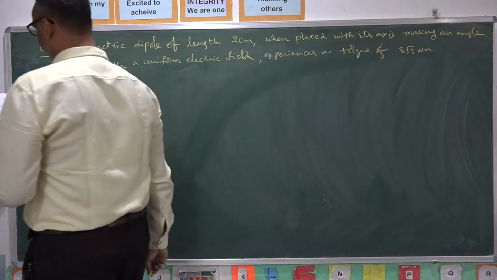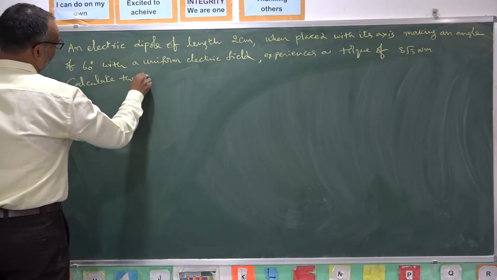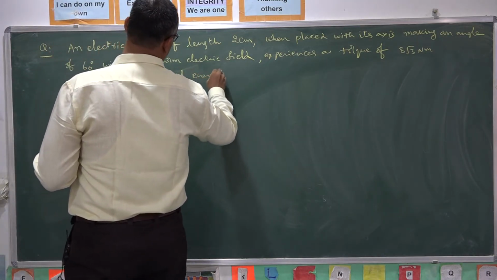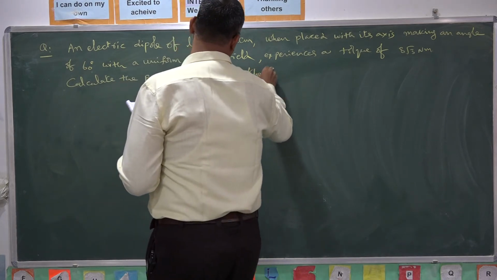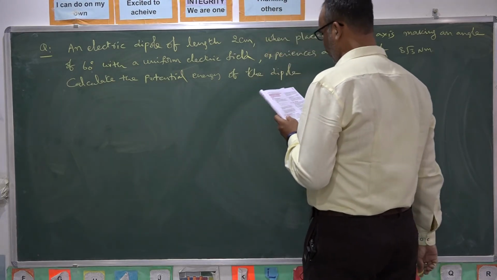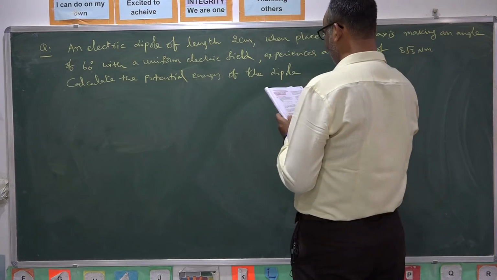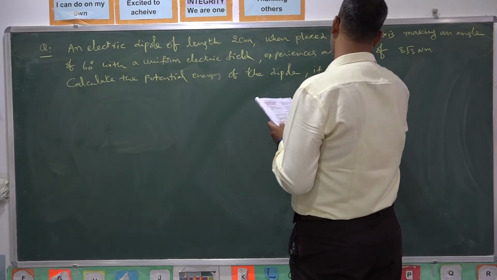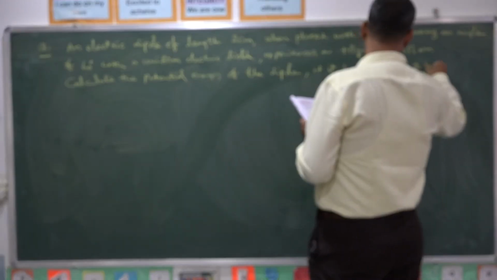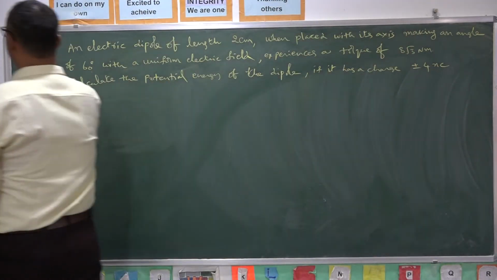Calculate the potential energy of the dipole, if it has a charge plus or minus 4 nanocoulombs. This is the question. CBSE 2014 question it is.